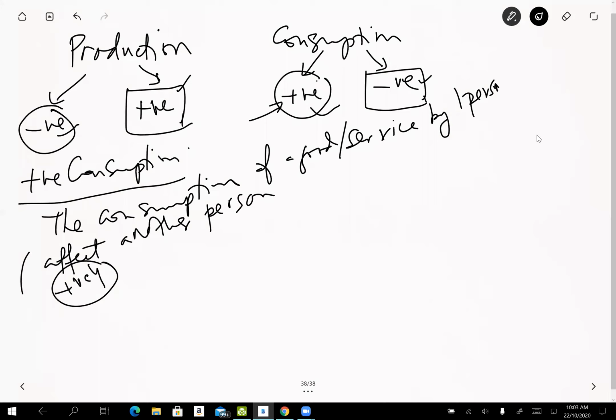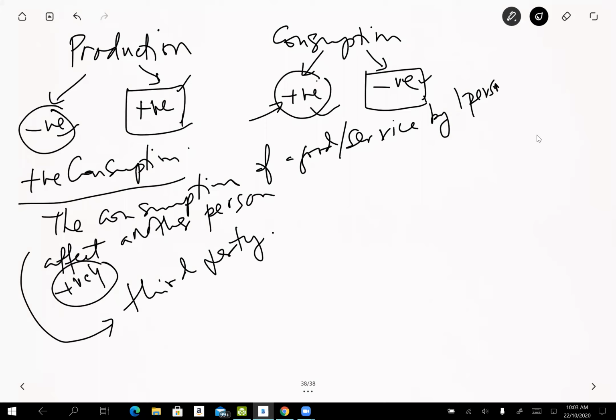If you look at the definition in terms of the market, consumption of a good or service affects a third party.